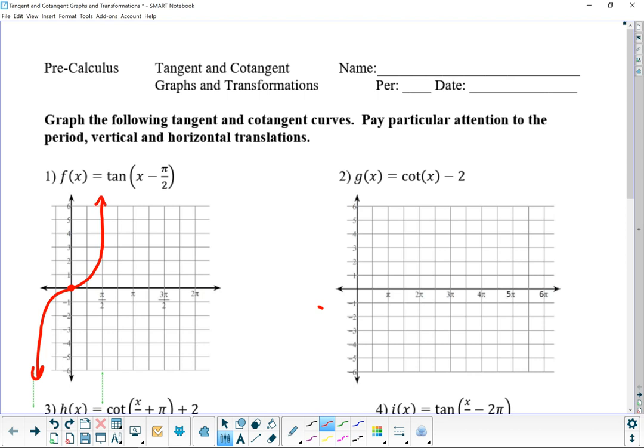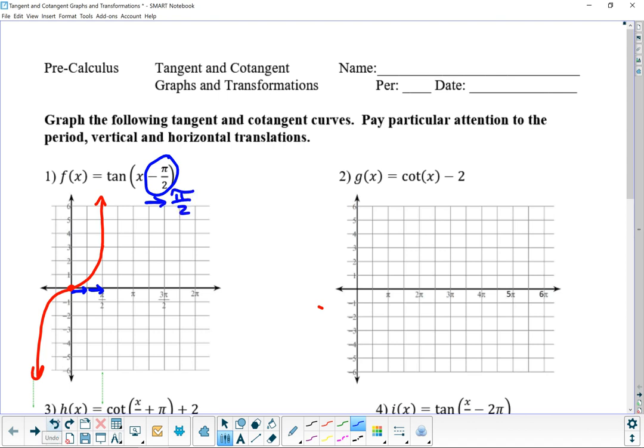Except this time it's going to be moved to the right, pi over 2. If we count, pi over 2 is 2 blocks or 2 spaces, and we go to the right because this is a minus pi over 2.